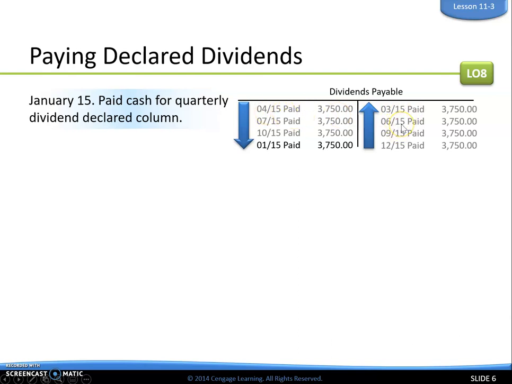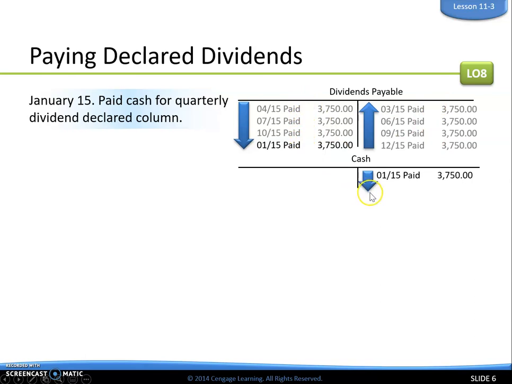Here they were declared on 6/15, paid on 7/15, declared on 9/15, paid 10/15, and declared 12/15 and paid on 1/15. So we're increasing that liability with a credit, and then we would decrease that liability with a debit because we're paying them.